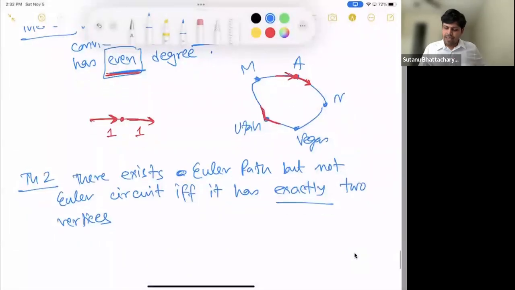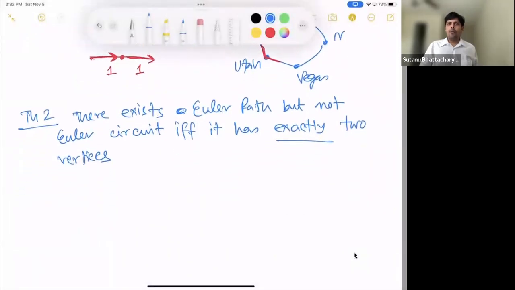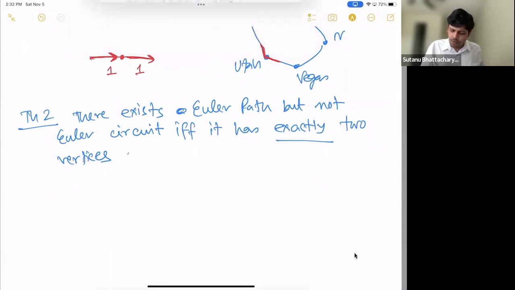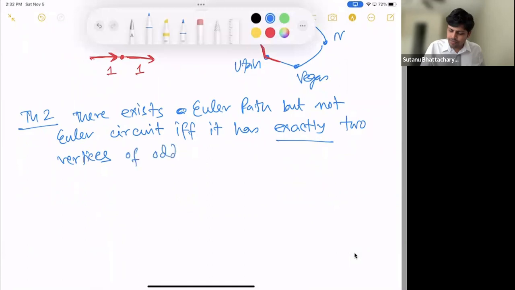So the second theorem, where there exists an Euler path but not an Euler circuit, if and only if it has exactly two vertices of odd degree, and all other vertices would be of even degree.